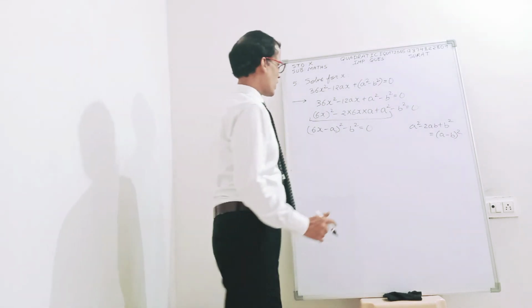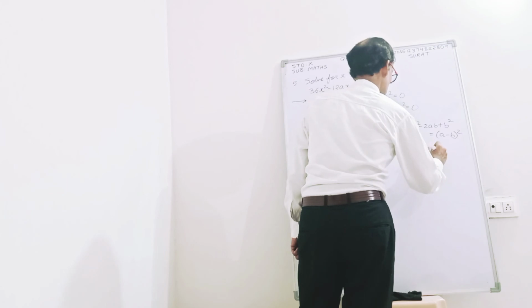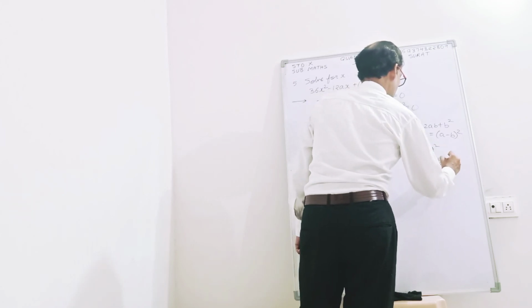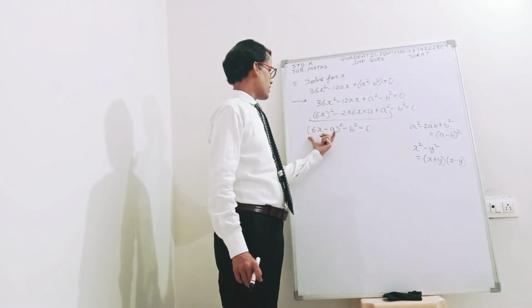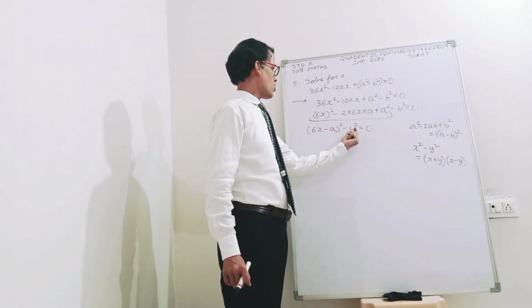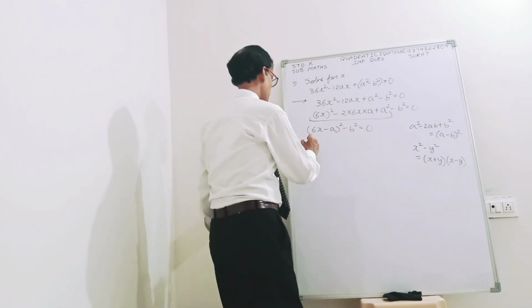Now again we know the identity, x square minus y square is equal to x plus y and x minus y. So now we are using this identity. This is your x and this is your y. So x plus y and x minus y.